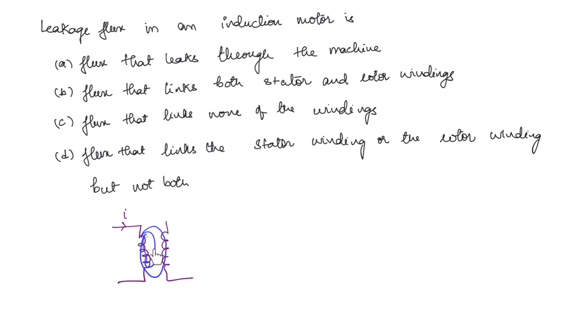This is what we call the leakage flux. And this is the useful flux. So by definition, leakage flux is something that doesn't link one of the windings. So we have option D: the flux that links the stator winding or the rotor winding but not both.